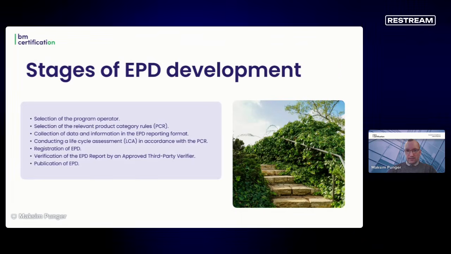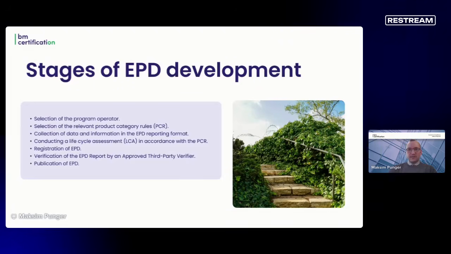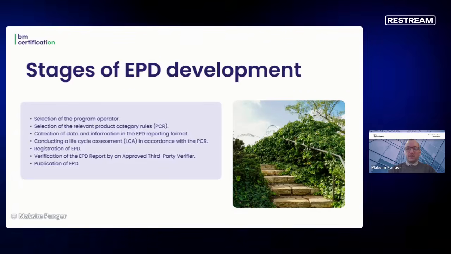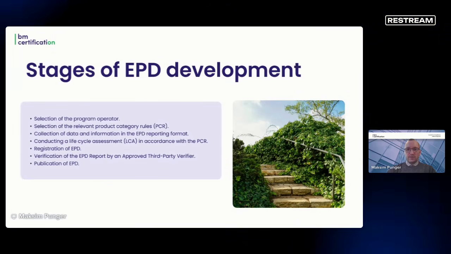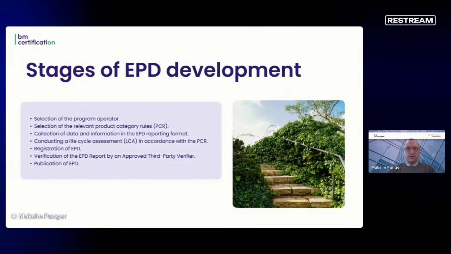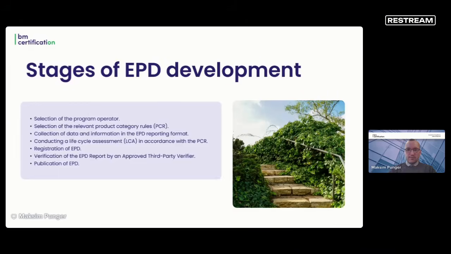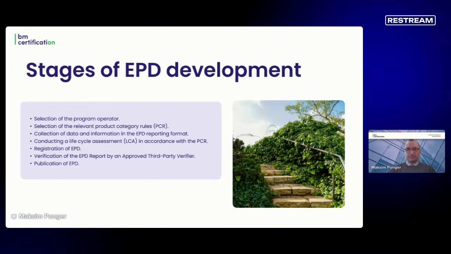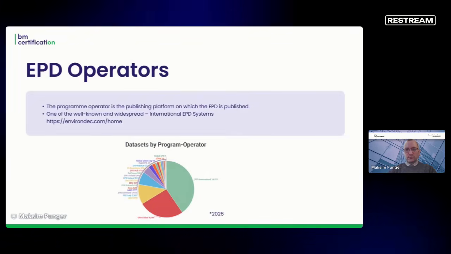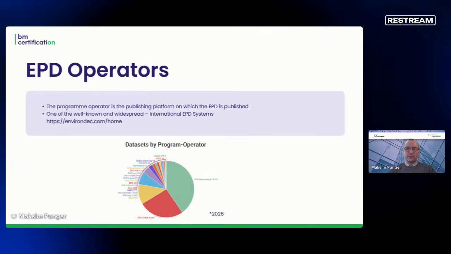Then when the LCA is done, the EPD is prepared, and the EPD can be registered. The registered EPD shall be verified by an approved third-party verifier. And the last step is publication of the EPD. And now let's take a closer look at each of the steps.